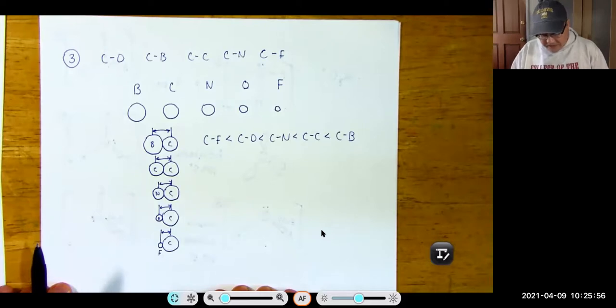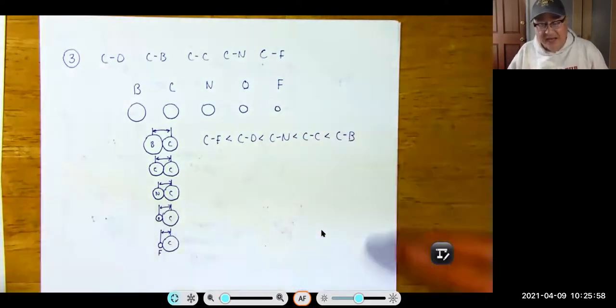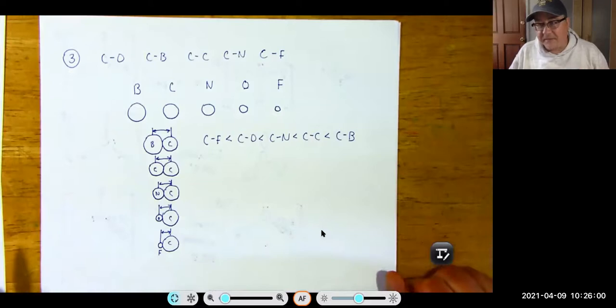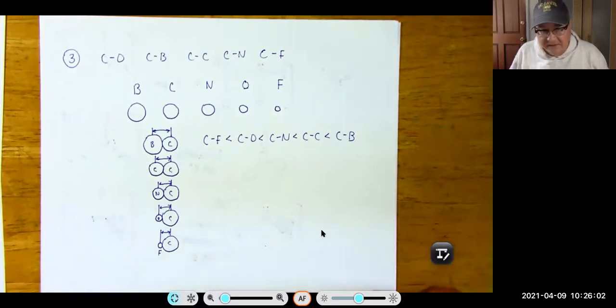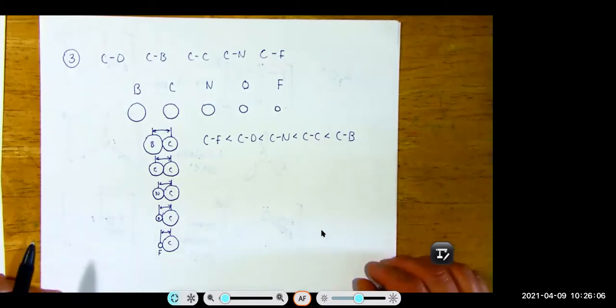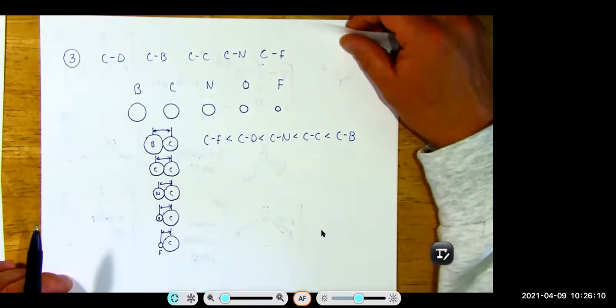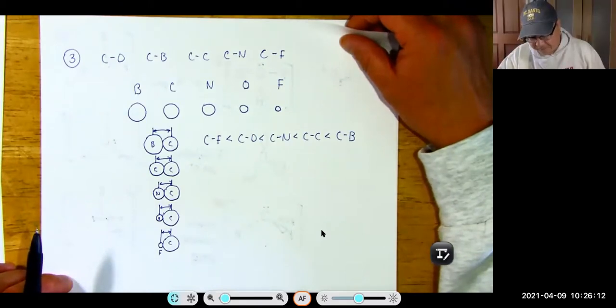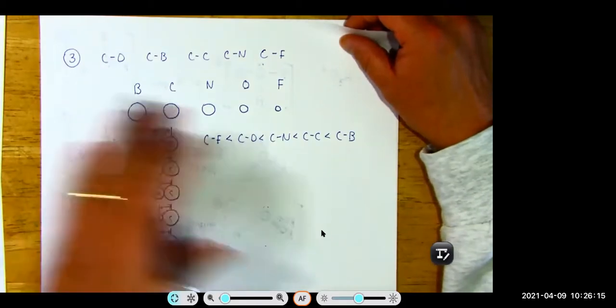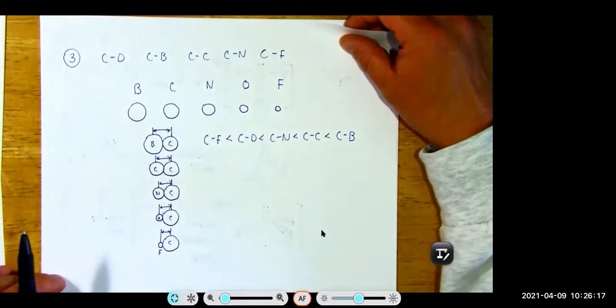And the point is not to make the atoms the correct size, but to make them relatively the correct size, whether one's bigger or smaller. Right. And here they're all in the same period.